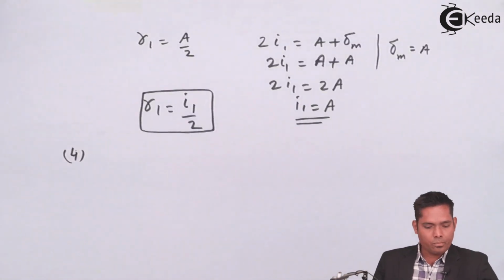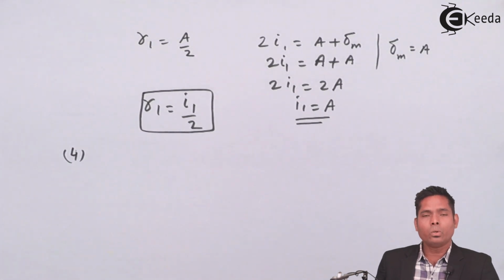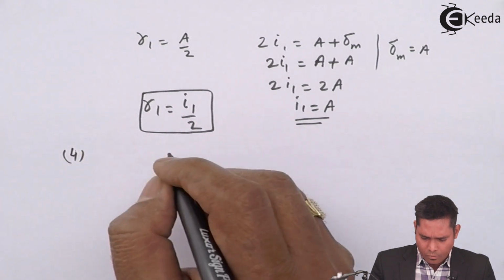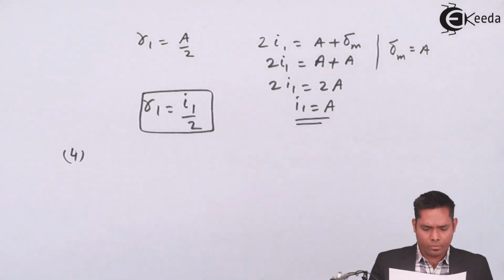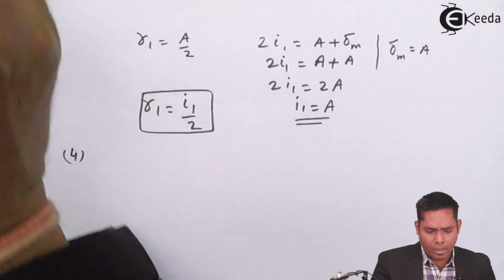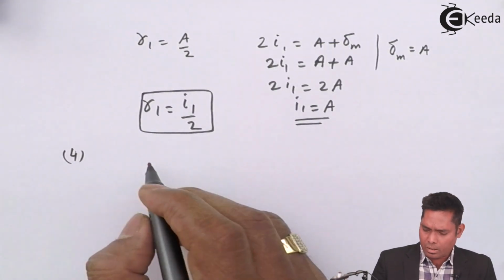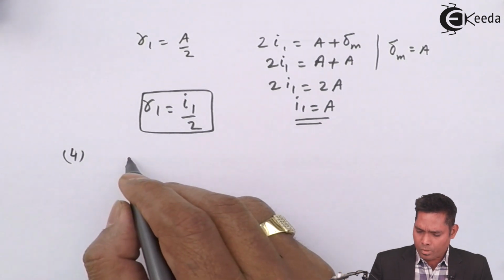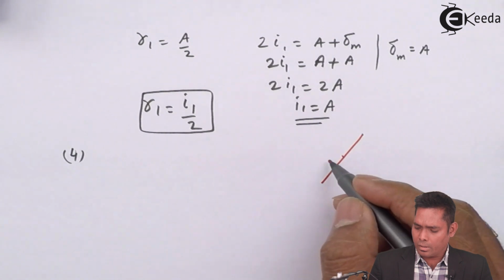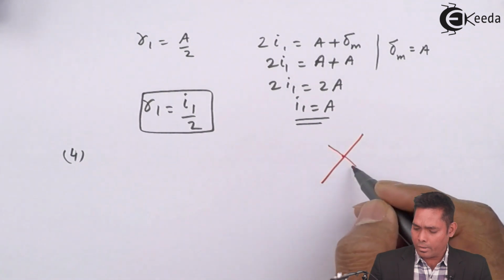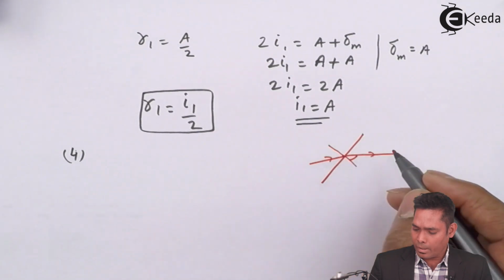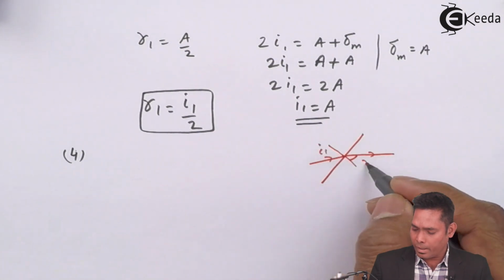For that, we will use the concept that if I apply Snell's law to the first surface here, this is the ray, and this is my I1 and this is my R1.